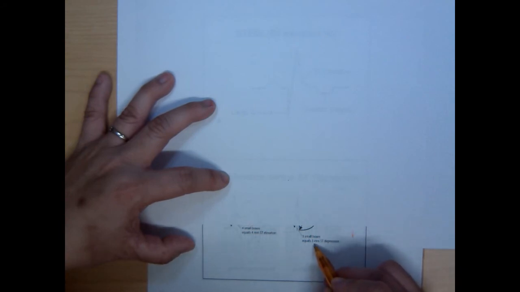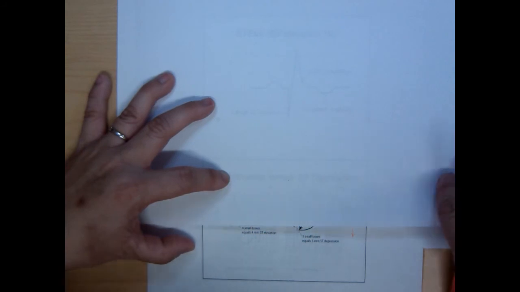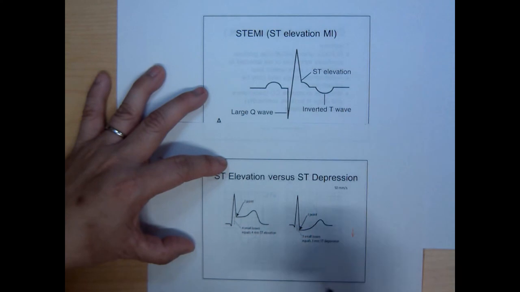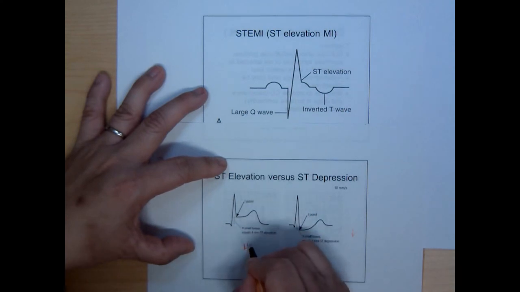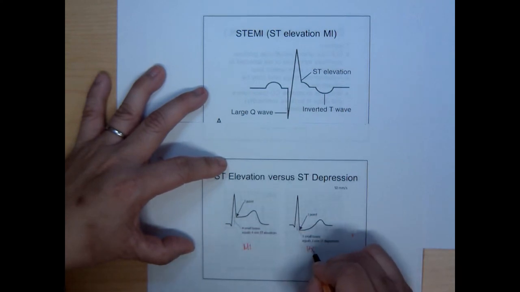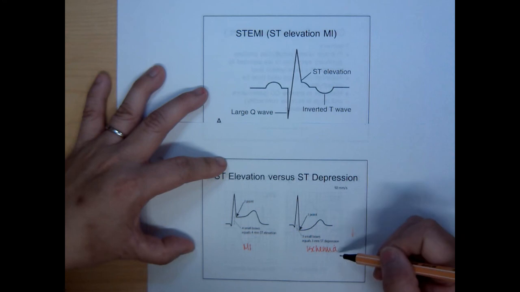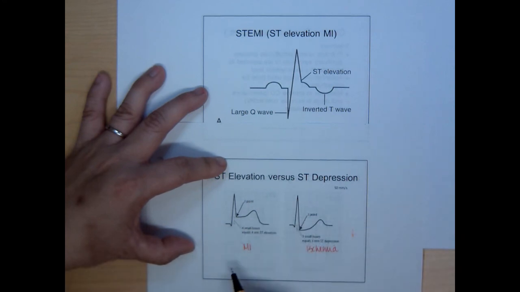When you see ST depression like that, with a couple of boxes, that usually represents ischemia. So, MI versus ischemia: with ischemia you have time to actually reverse the ST depression, versus here somebody's already ruling in for a heart attack.